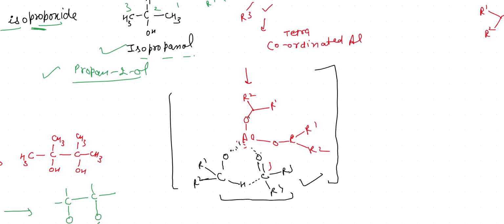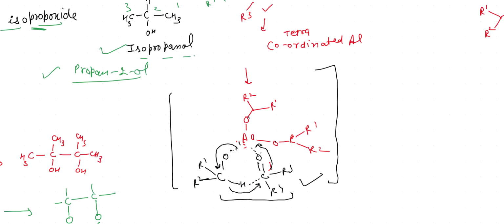The H negative will be transferred from this carbon to the carbon which bears the carbonyl group. When H negative attacks this electrophilic center, the pi electrons will shift toward aluminium, and the bond between aluminium and oxygen will shift towards the carbon-oxygen single bond.